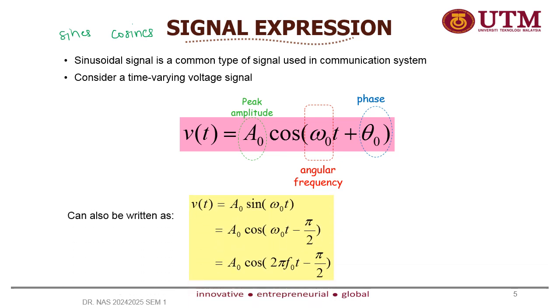This equation can also be written in sine function, in which A sine omega naught t; if you convert to cos, there's a negative pi over 2 phase shift. Omega naught is the angular frequency in radian per second, equal to 2 pi f naught. F is the frequency in hertz, equal to 1 over T, which is the fundamental period in seconds.